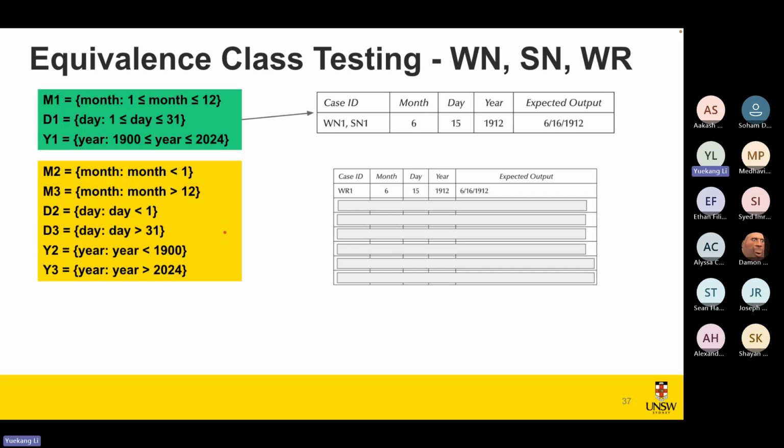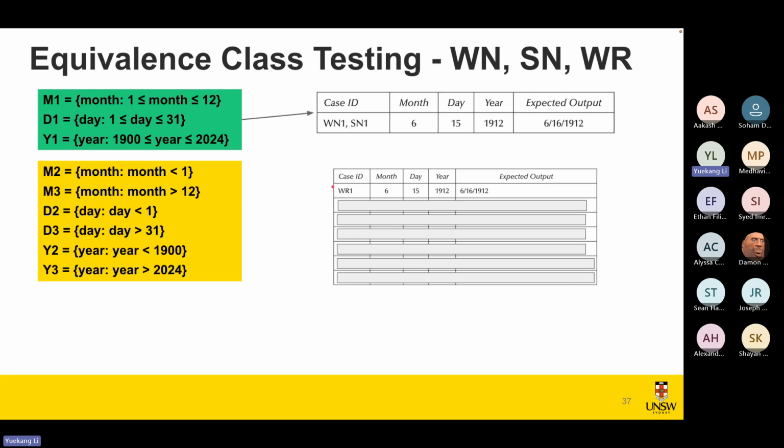And now let's think about weak robust equivalence class testing. For weak robust, we only allow one variable to take an invalid value at the same time.